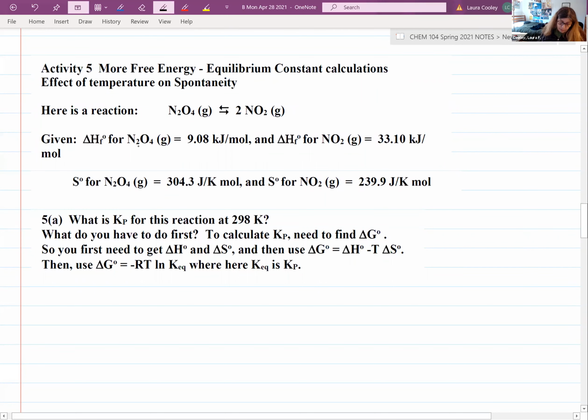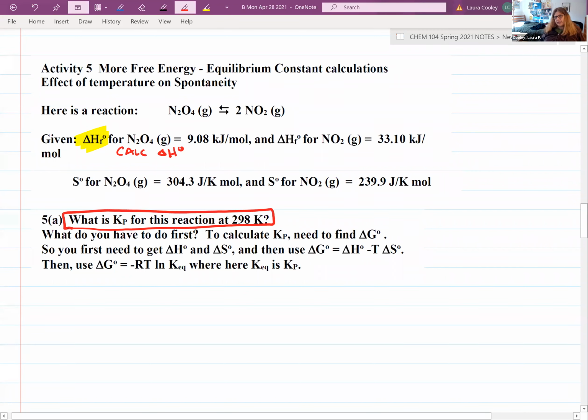What you're given in this example is the free energies of formation, so you could calculate the delta H from that. You're also given the standard entropies for each of these. And you're asked a pretty big question here: what is Kp for this reaction at 298 Kelvin?